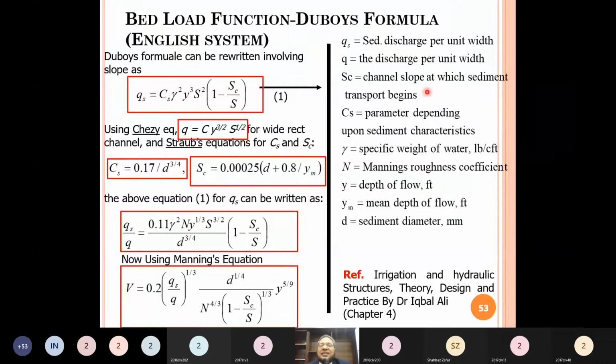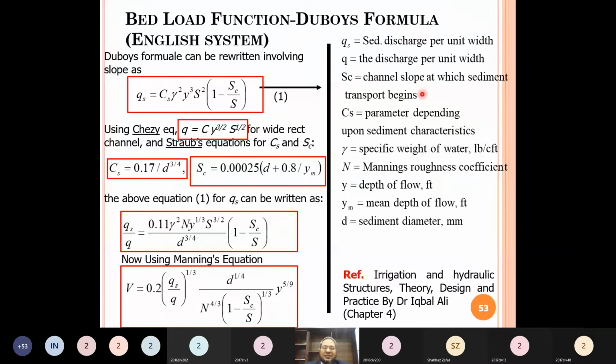So what is this Sc? It is the channel slope at which sediment transport begins, at which sediment particles on the bed are in critical state. What is critical state? It is just a balance state.